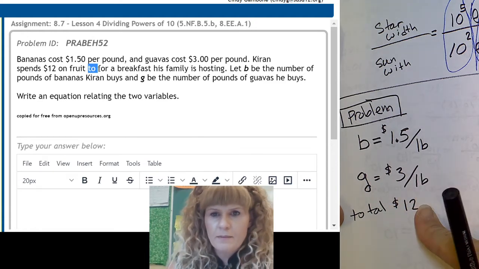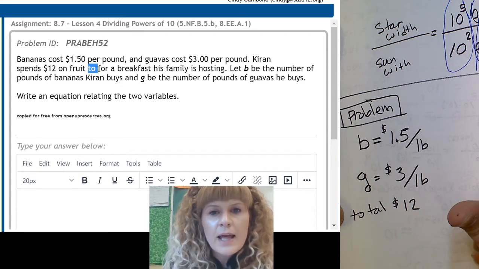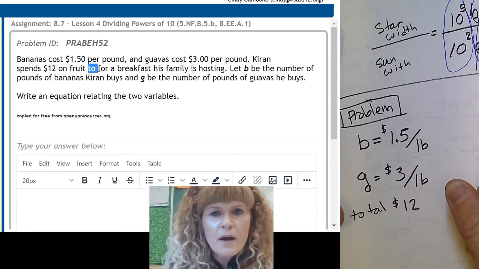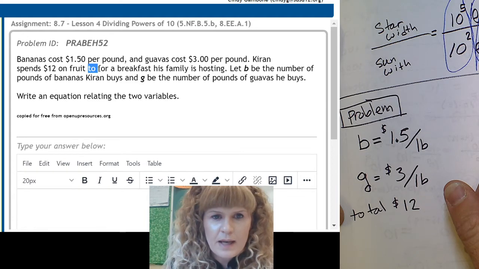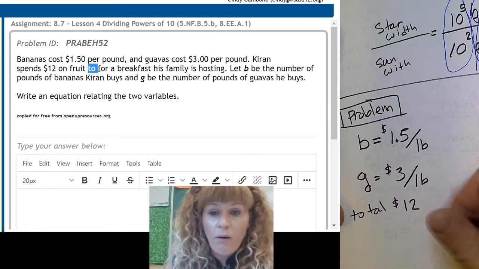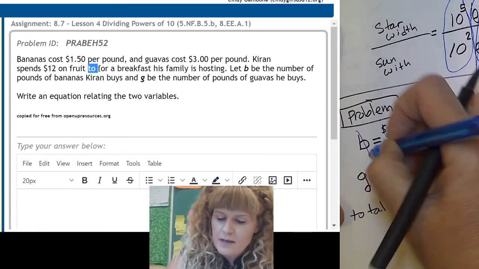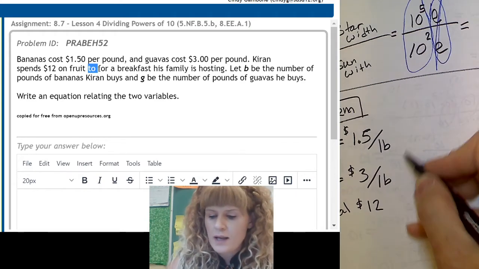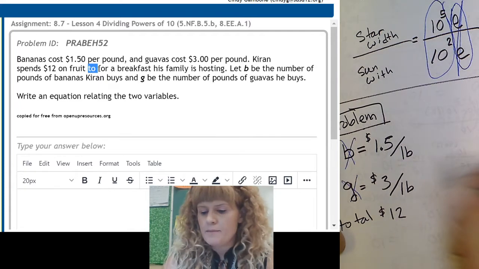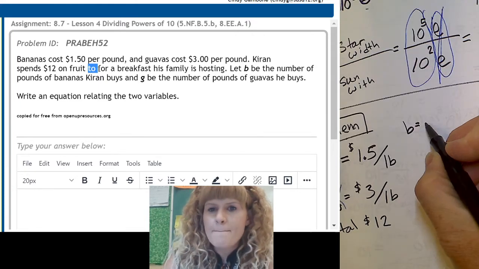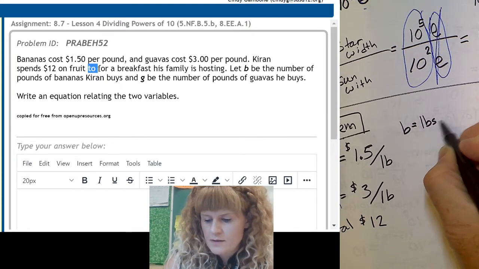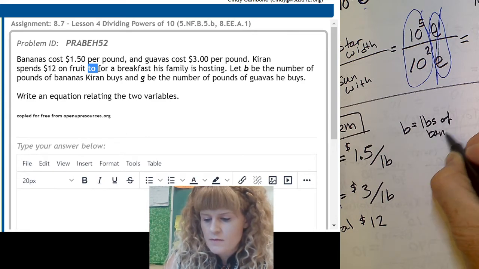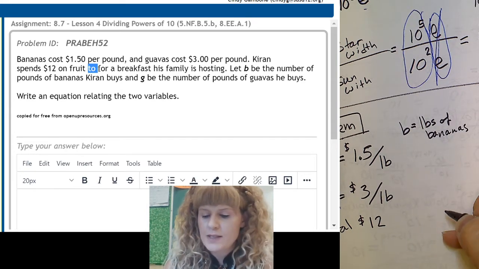You need to have this information written down. Let B be the number of pounds of bananas Kieran buys. Uh-oh. Then I can't use B here. Okay. I can't use G here either. Do you know why? They said, let B equal pounds of bananas, not price per pound.